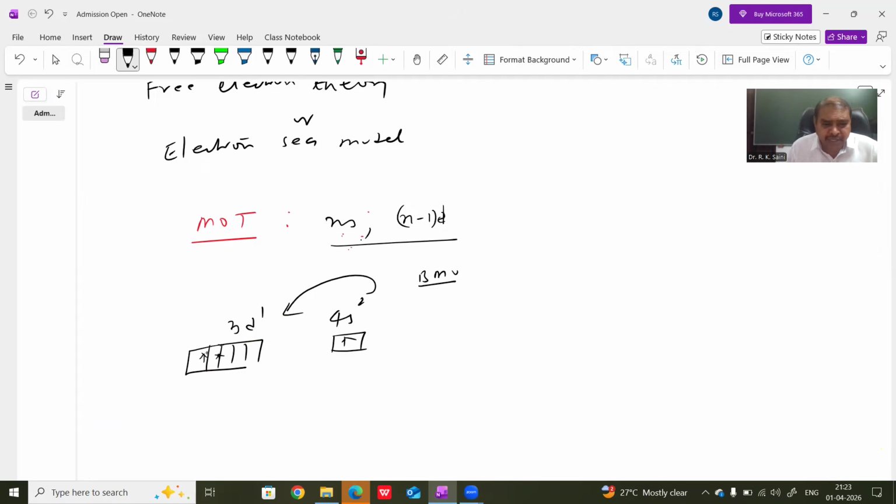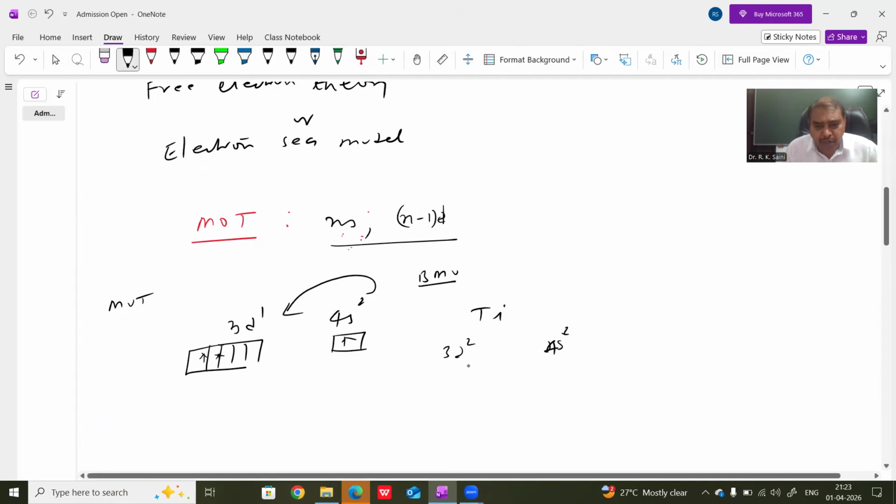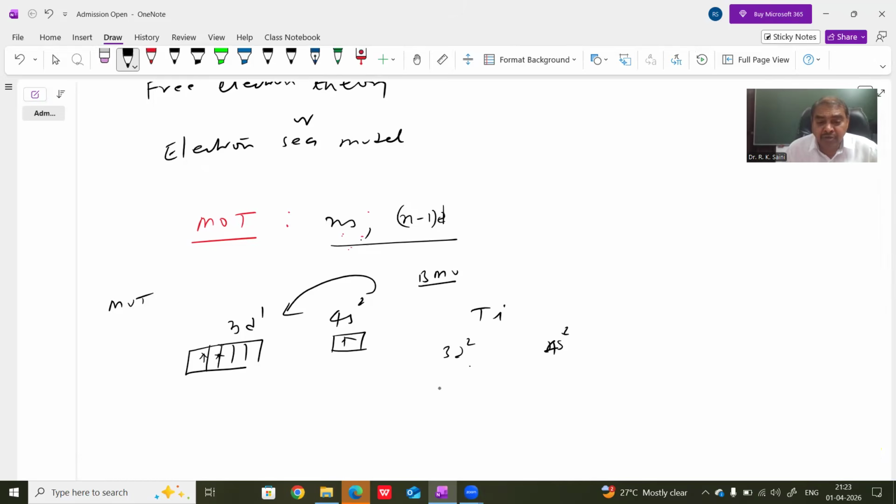Similarly, in titanium, the 4s electrons also enter into 3d and become unpaired, which means 4 unpaired electrons are there, and so on for vanadium and chromium.